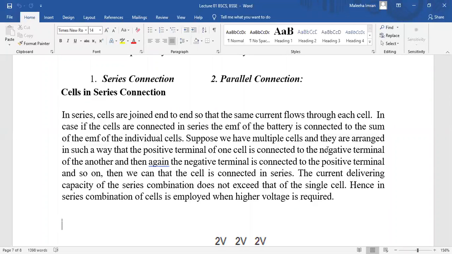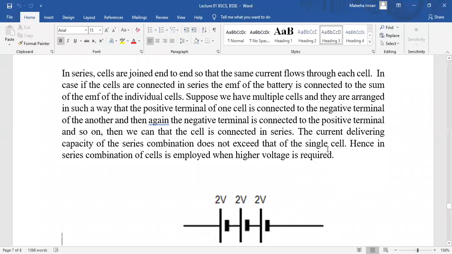And like this is a serial connection. Here we have the three cells of 2 volt each. So the bigger line represents the positive terminal and the small line represents the negative terminal.